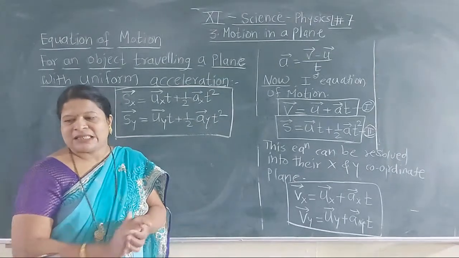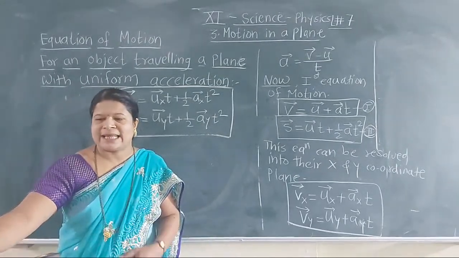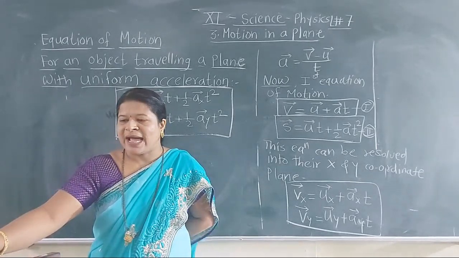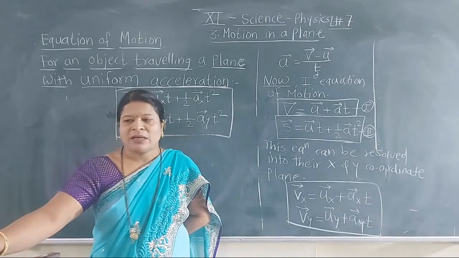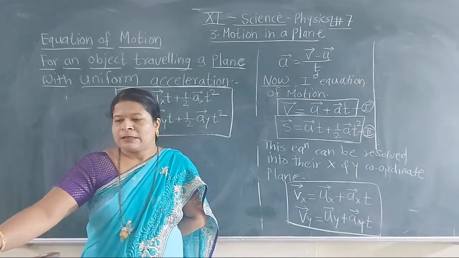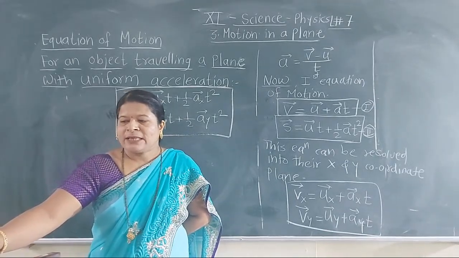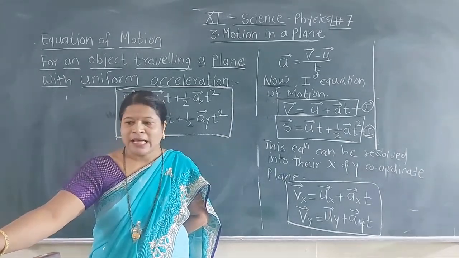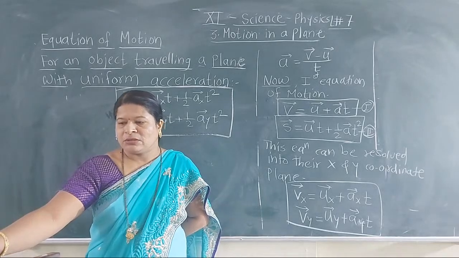Thus, we can see the motion along the x direction of an object is completely controlled by the x component of velocity and acceleration.